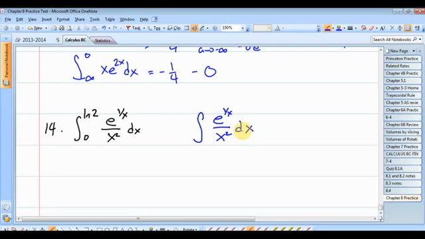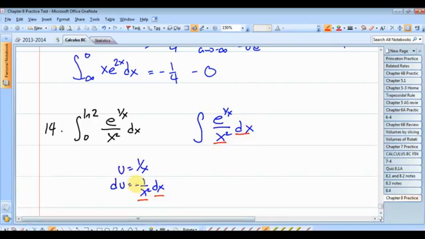Typically, when you do U substitution with an exponential, the U is the exponent. So U is equal to 1 over x, making du equal negative 1 over x squared dx, which is very convenient. There's 1 over x squared, there's dx.